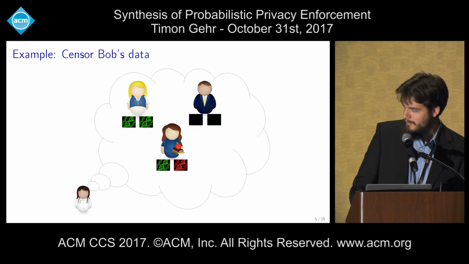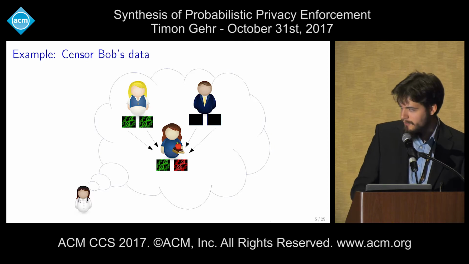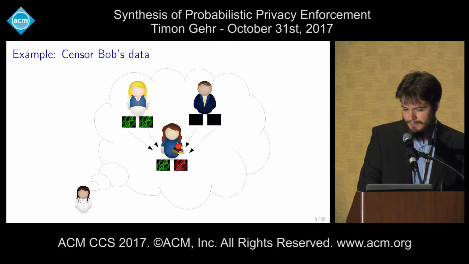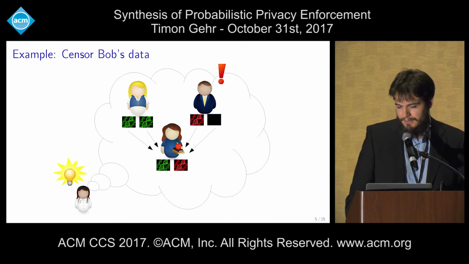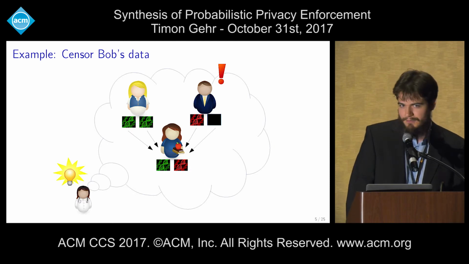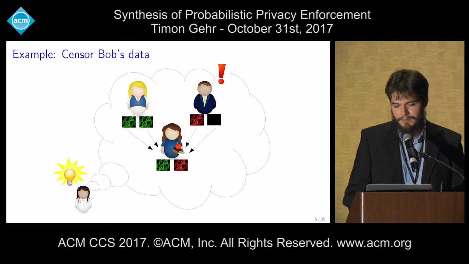So Carol is in front and Alice and Bob are behind. And she also knows how these genes are genetically inherited. She can conclude that the red allele must have come from Bob. And so Bob's data is actually leaked, even though it's not present in the output.